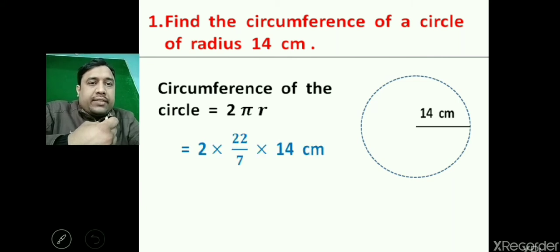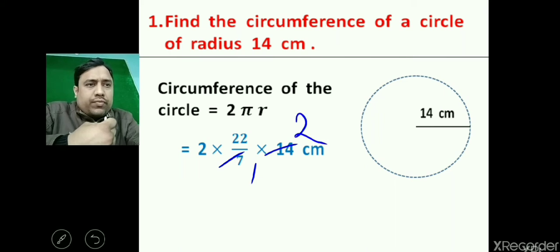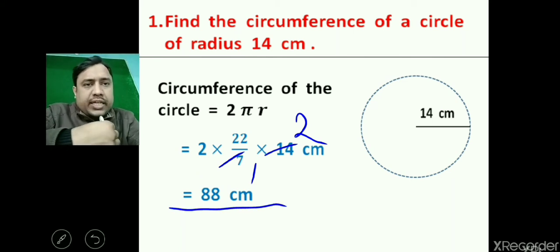So it is 2 into 22 by 7 into 14 centimeter. Cutting 7 into 1 times and 7 into 2 times, we get 44 into 2, that is 88 centimeter, the circumference of the given circle.